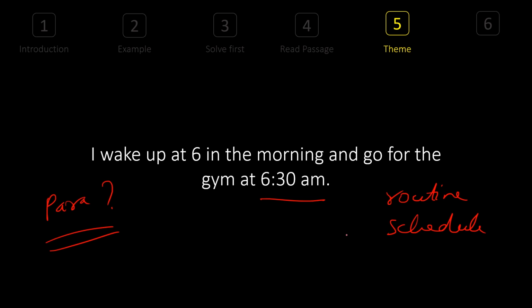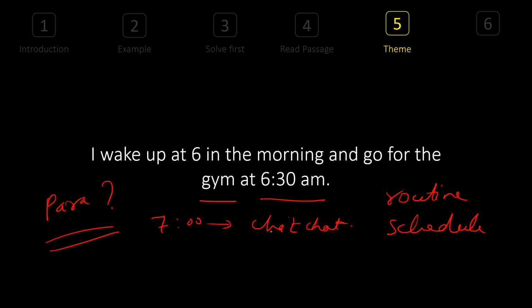See, what can happen is in the next sentence, I can add something in a way that you can't even guess that. What I mean is, I'm going to just talk about gym. Notice that I wake up at 6 in the morning and go for the gym at 6:30. I reach the gym at 7 and we have a small chit chat till 7:30 with my friend.